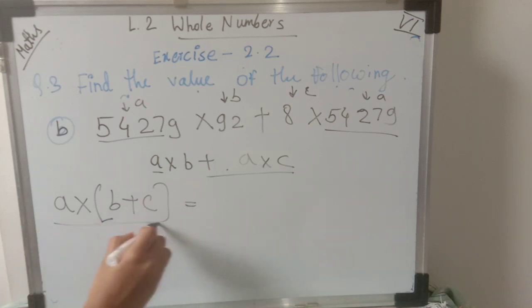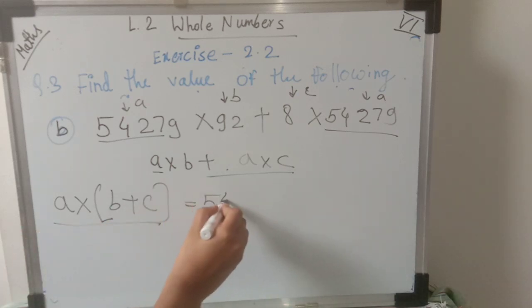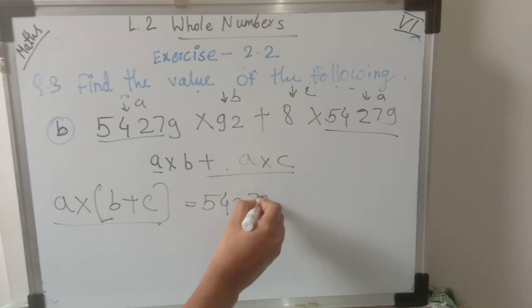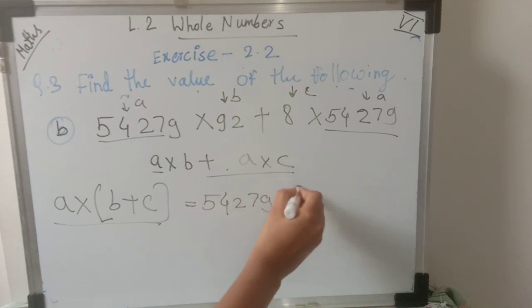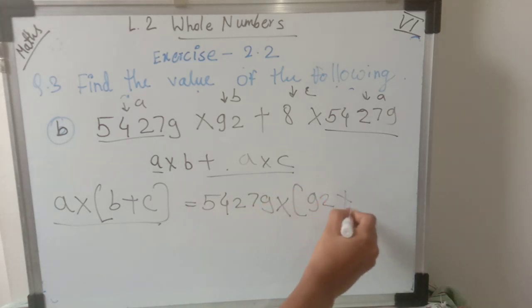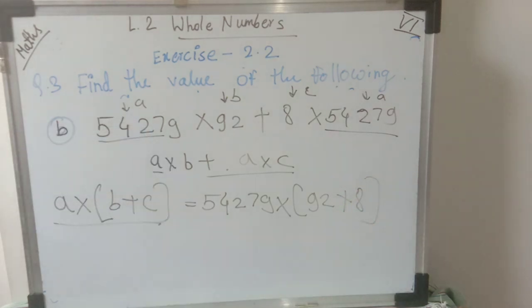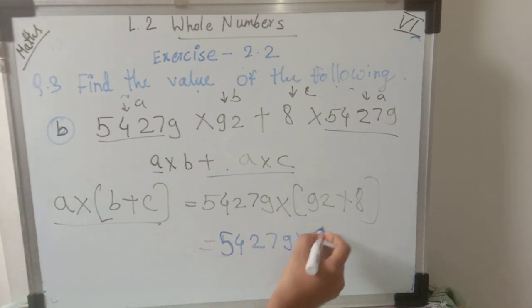Let's put them in this format. A is 54,279 multiplied by 92 plus 8, which is equal to 54,279 multiplied by 100.